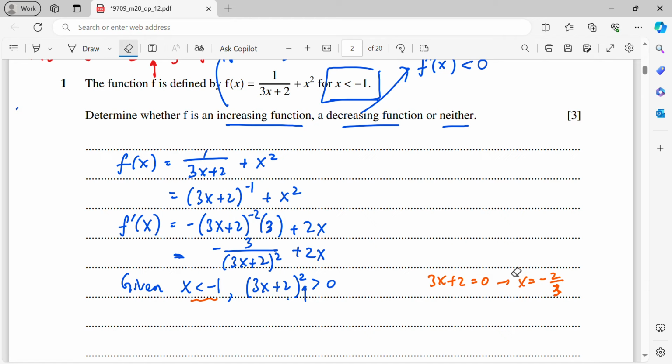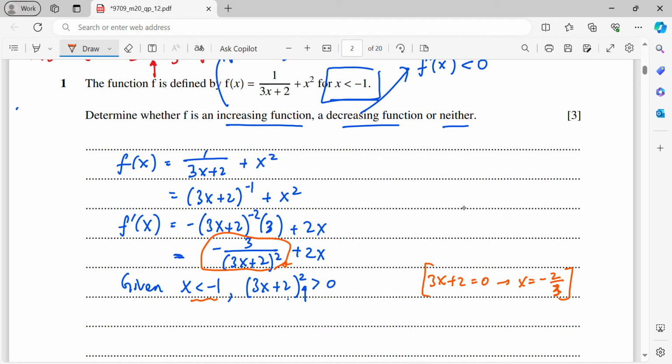The orange color is just for your reference, whether I have to include the 0 or not. So obviously, it will be positive for my denominator. But now, what happened to the whole value here?